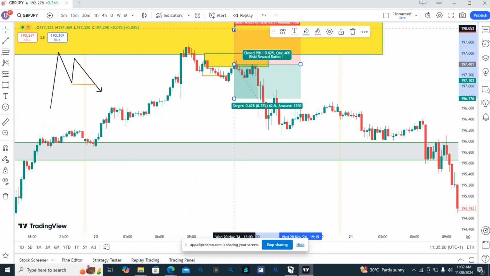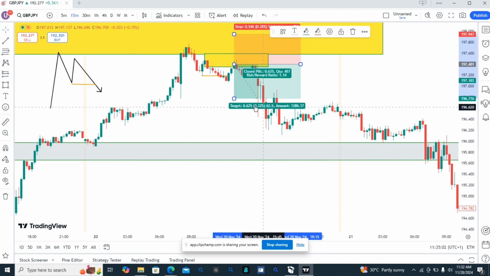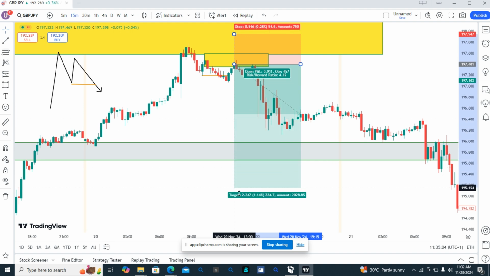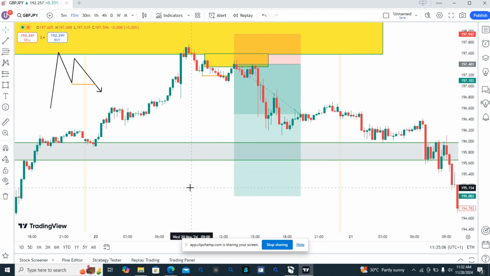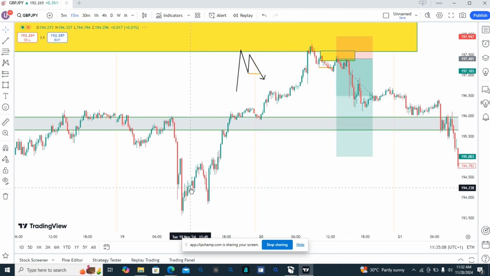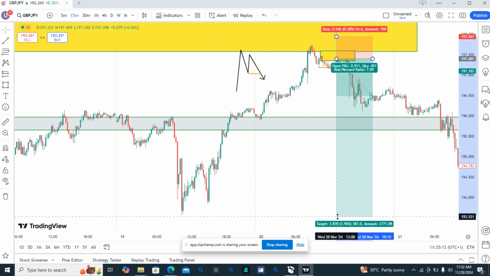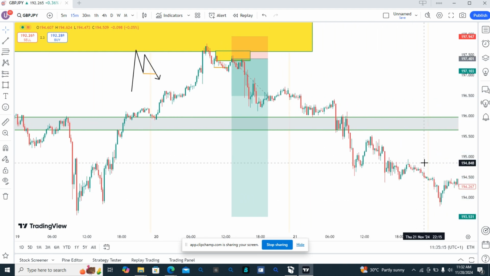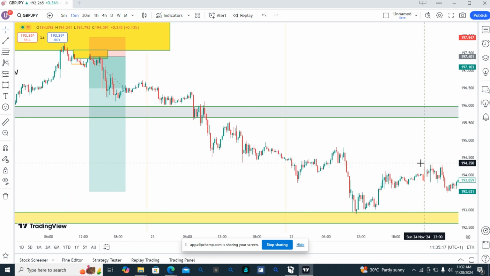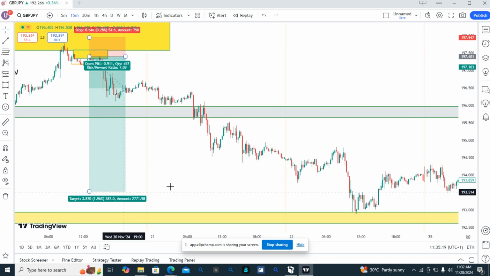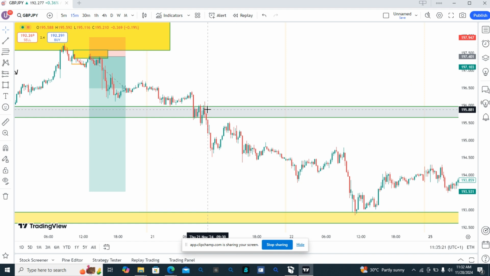Stop loss above this zone and take profit where the trend starts. This is where the trend starts. And if you shift this, you notice that the price literally went there and took your profit. So basically this is how you take your trade using the order block entry method.